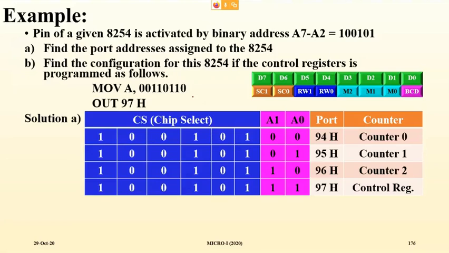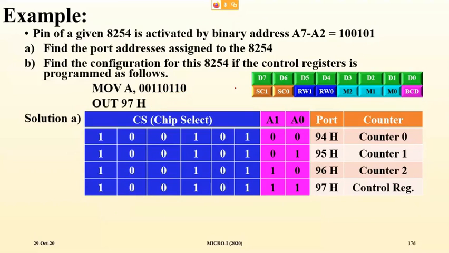Now you have to tell by this program in which mode this particular IC is working, which of the counters is activated, which read write operation is taking place, and whether the number is BCD or binary. By looking at this program, you have to decode what is going on inside 8254.